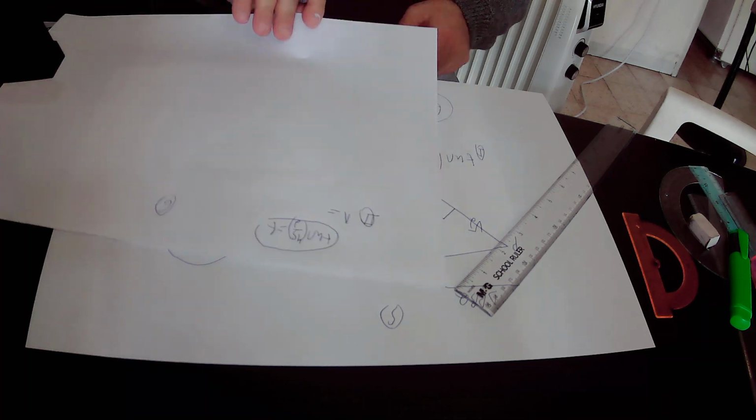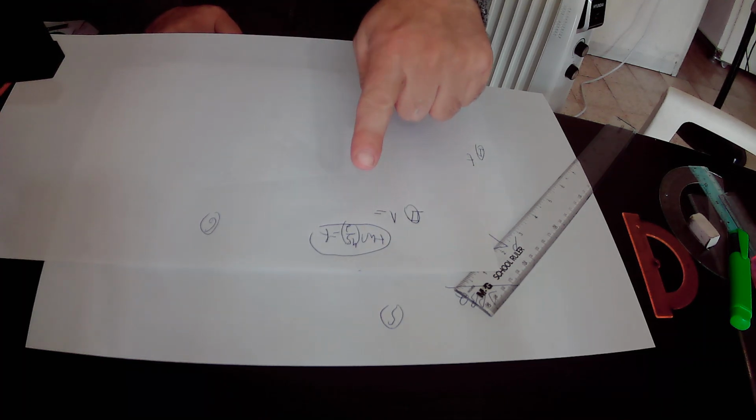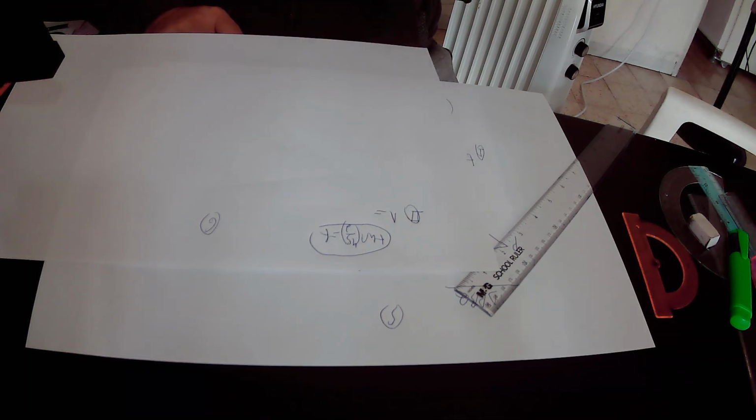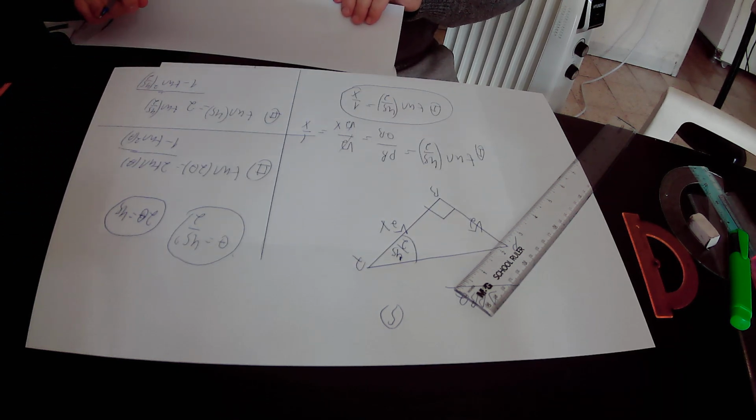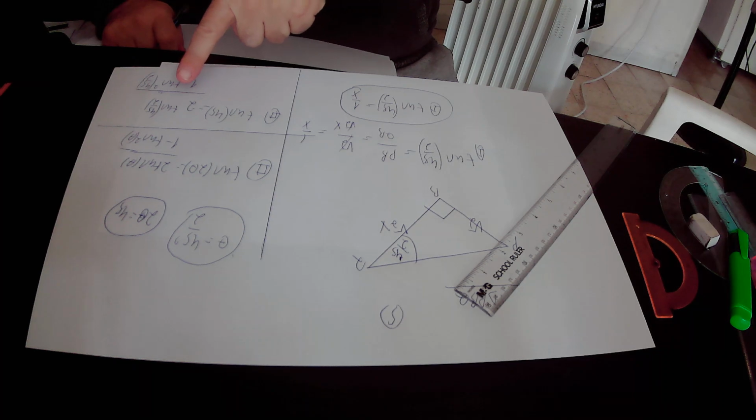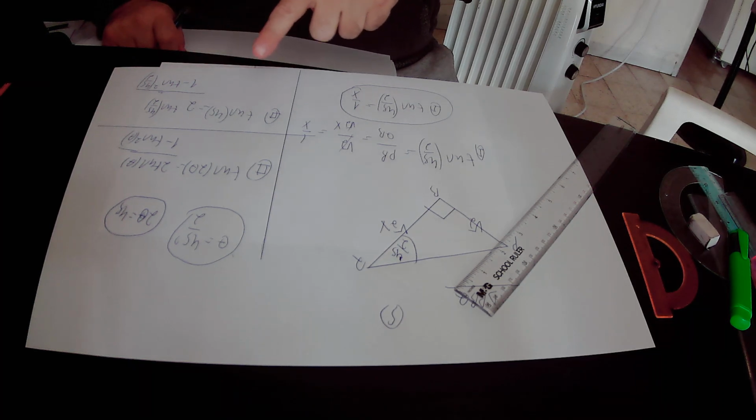According to our definition, tangent 45 degrees over 2 equals t. Now we can substitute tangent 45 degrees over 2 in equation number 2 by t.